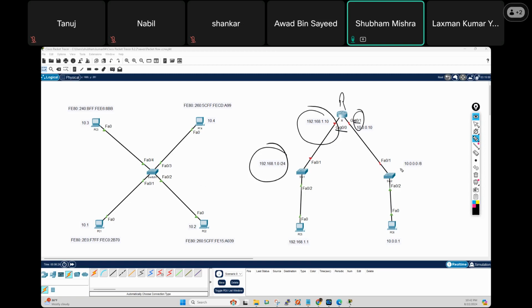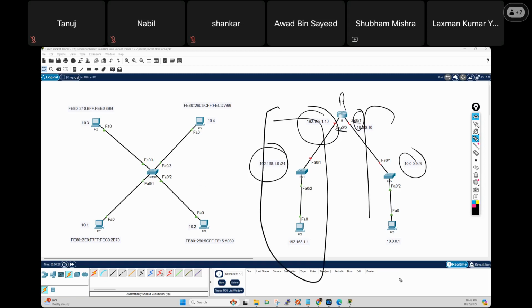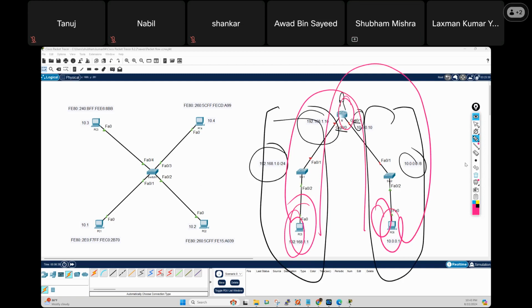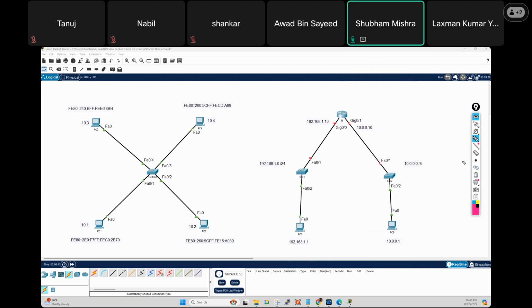And on this interface, we configure the 10th network. It means this is a different network and this is a different network. And it is the responsibility of the router to make communication possible from this network to this network and this network to this network. Clear everyone? I hope you guys understand till now. Yes. So I just elaborate the topology.